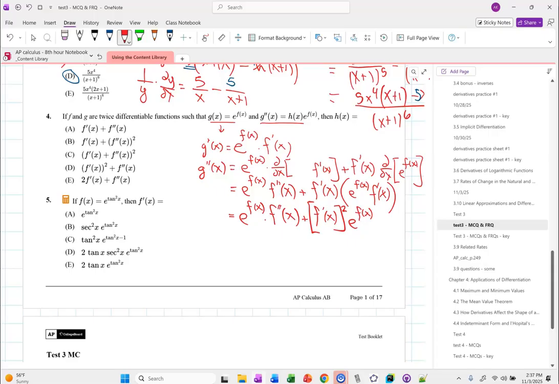Now I have to get it into this form, so I need something times e to the f of x. Notice I have e to the f of x in each term.